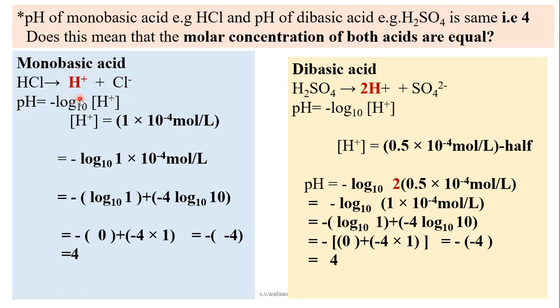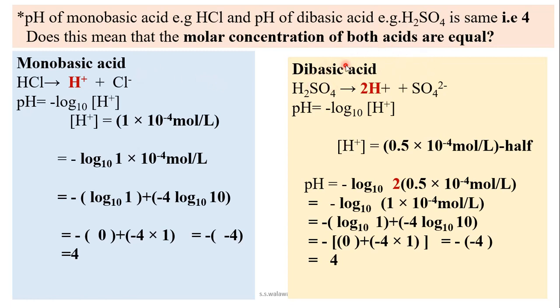As it gives you only one hydrogen ion, it is an example of a monobasic acid. Another example of a monobasic acid is nitric acid, HNO3, and also HBr. These are also monobasic acids.